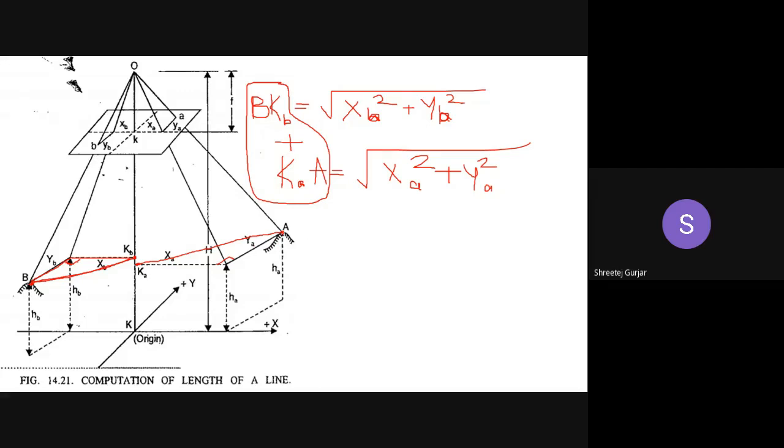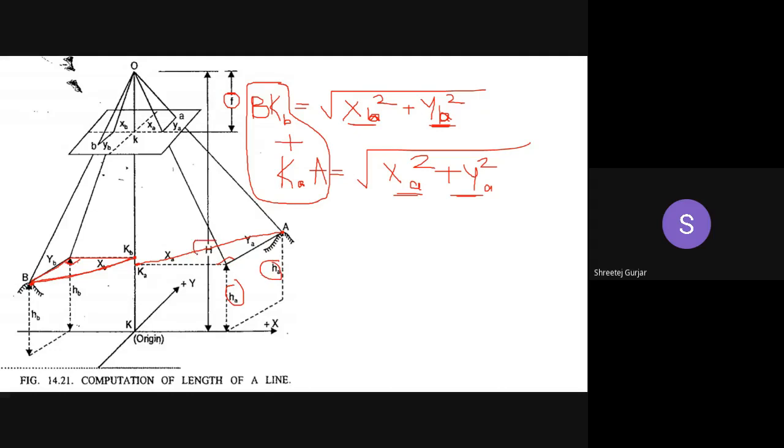We need to find the distance between point A and point B. We can substitute xa, ya, xb, yb here, but these coordinates are not known. So we have to derive an equation to find xa, ya, xb, yb from the heights, f, capital H, ha, hb, all of which we know.